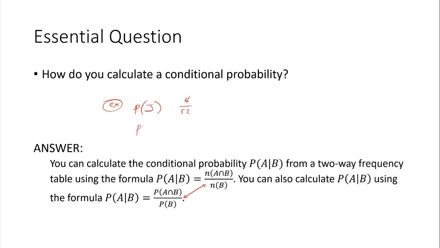Well, that's 2 out of 52. So how do we find the probability of those events occurring given that your jack has to be red? That's where conditional kicks in. And the way you read this is the probability of A given B. That little wall there is meant to represent that.